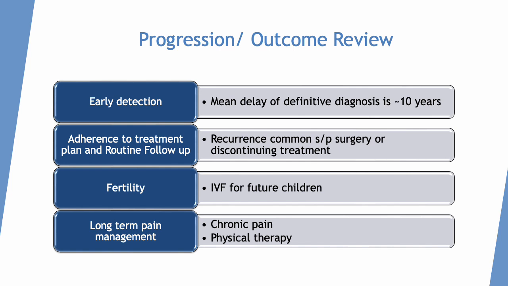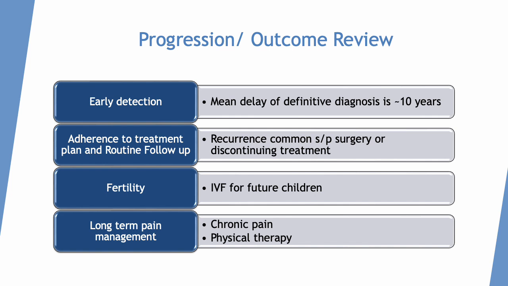So for PN's progression and outcome, it's necessary to have early detection, especially because the mean delay of definitive diagnosis is approximately 10 years. So it's really necessary for her to get screened immediately or as soon as possible.